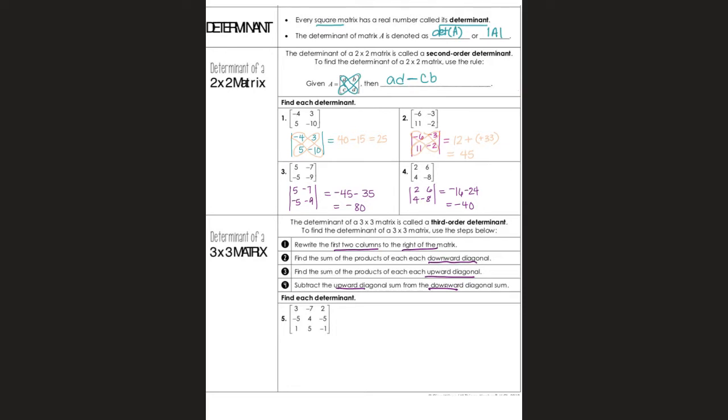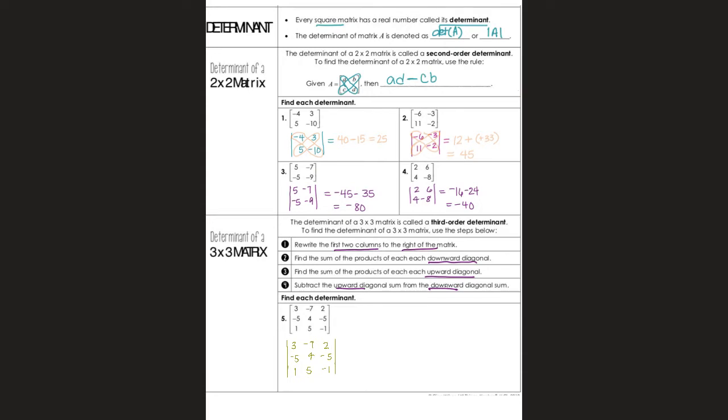So starting out with number 5, again, you do need to go ahead and rewrite this in your determinant form. So I'm going to bring down the bars again, and we're going to fill in 3, -5, 1, and then you're going to have -7, 4, and 5, and then 2, -5, -1.